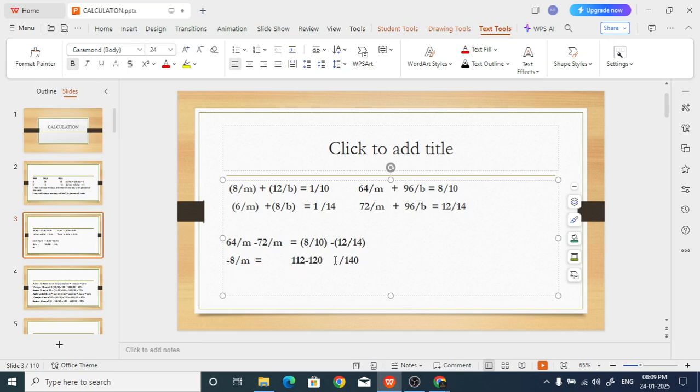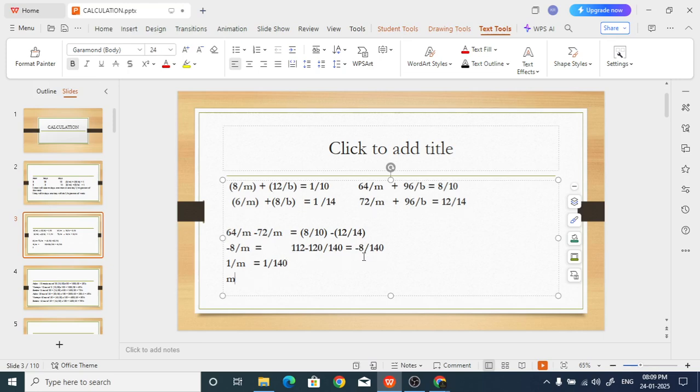So that is equal to minus 8 by 140. Minus 8 by 140, so 8 cancels, minus cancels. So 1 by m is equal to 1 by 140. So m is equal to 140 is the answer.